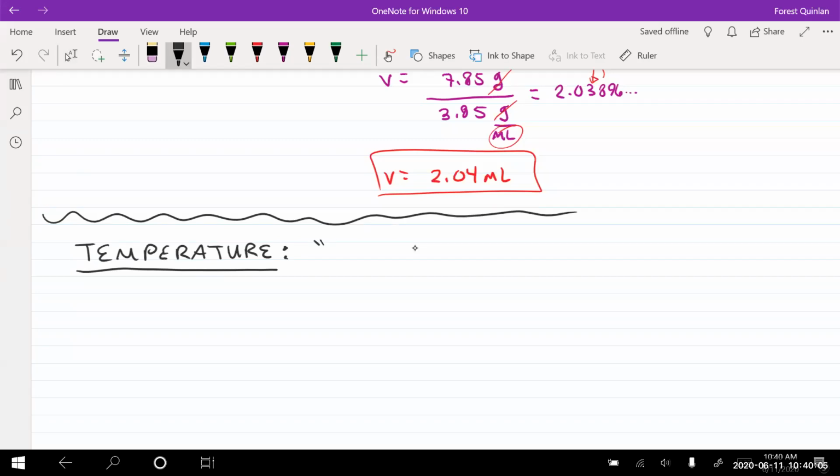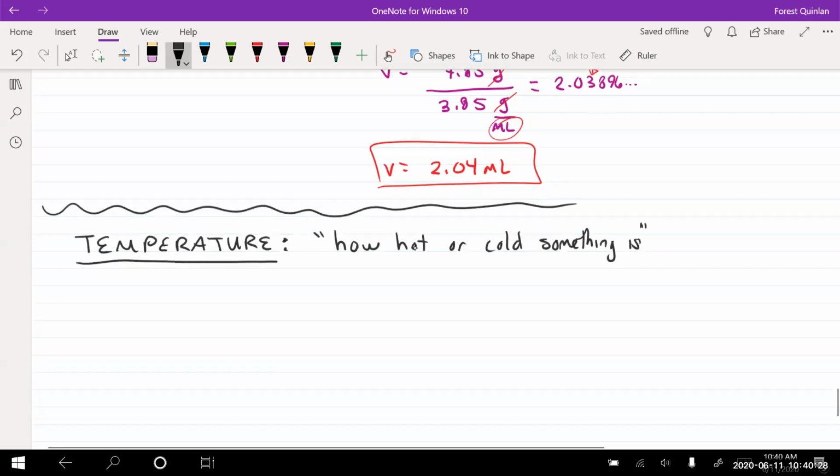All right, here we go. This is, quote, how hot or cold something is. Now, that is the definition I expect everyone to just roll off their tongue. But for once, I have to give you the high and mighty definition because we're going to use it a little bit later in this class.